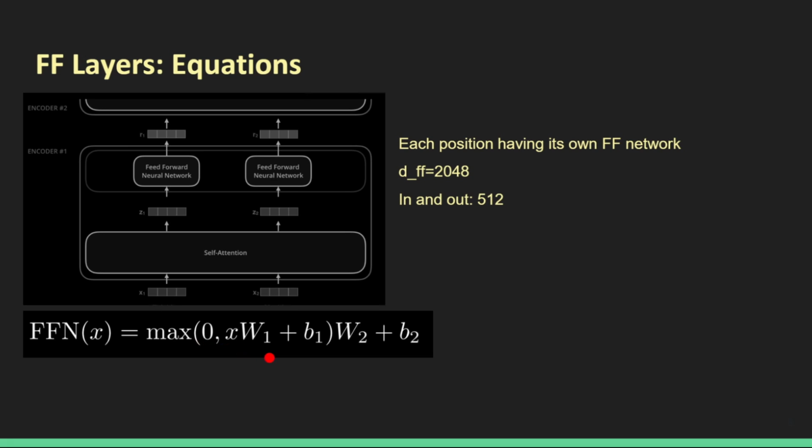For any greater value, it will be the same value. And after the ReLU nonlinearity, it will go through the second linear transformation, which is just a W2 weight matrix multiplication and an additional bias term.